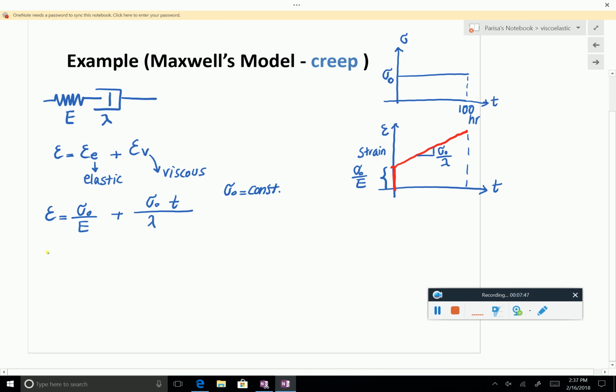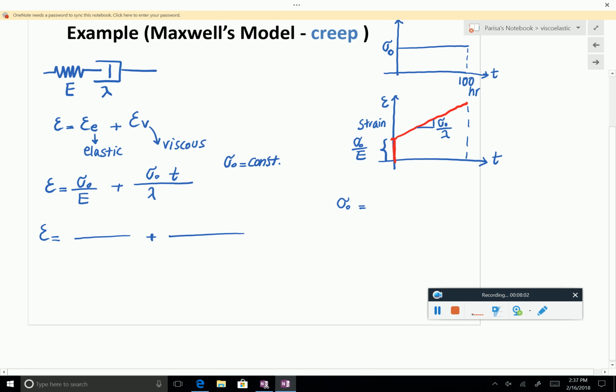Now, try to calculate the two parts separately, meaning write it like this, but calculate each part separately. Of course, first you have to calculate sigma 0, and then get the numbers. I have to see 3 correct answers.